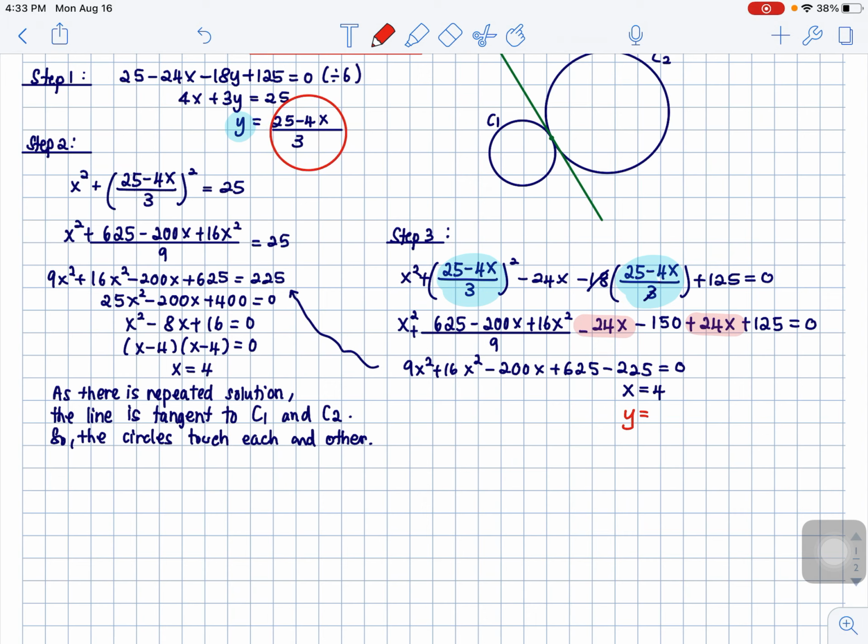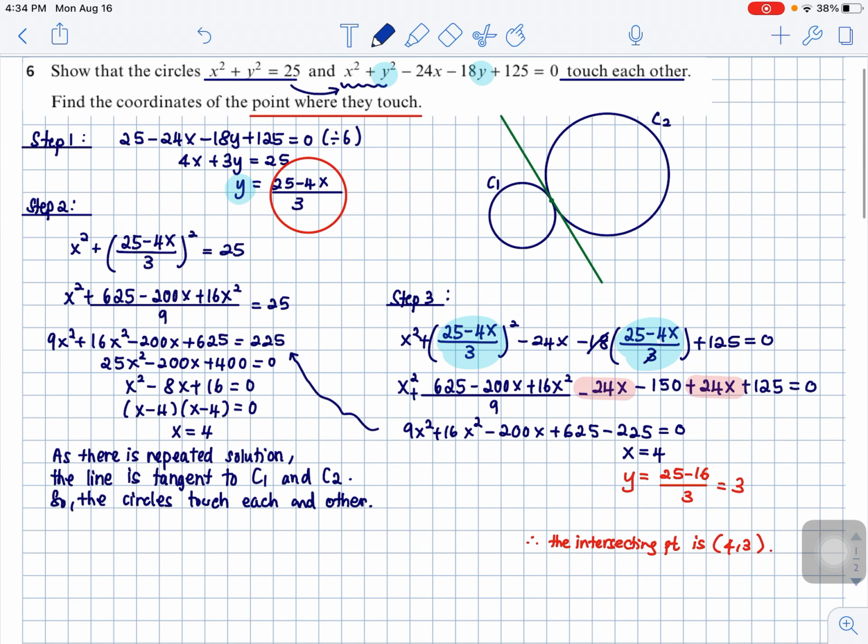Substitute your x equals 4. The point is (4, 3). Okay, this is one way of solving this problem.